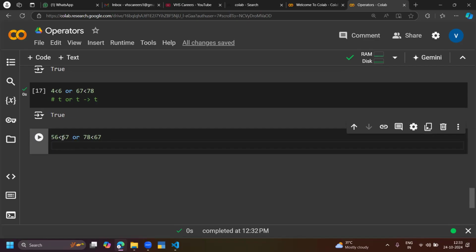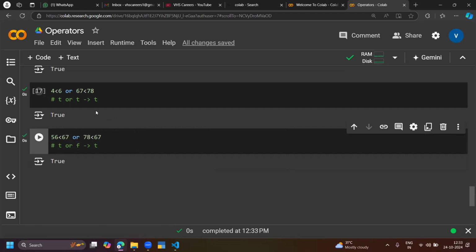Sir, this is the OR operator. The first statement is true. True or 78 less than 67, which is false. True or false? This is true. Exactly. So in this way you can check with the logical operators.